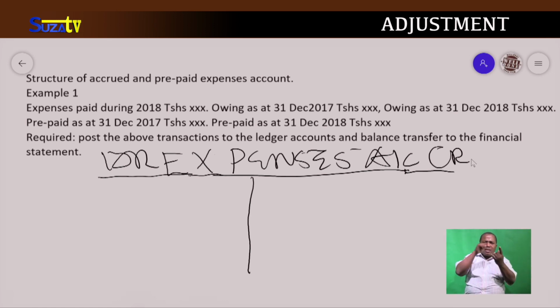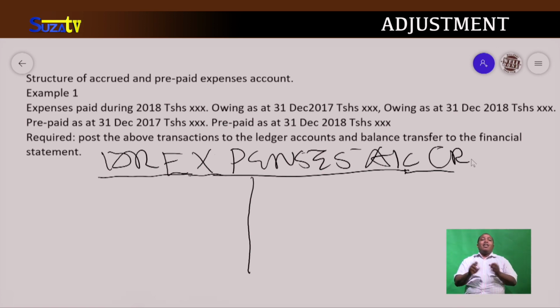The expenses paid during the year 2018 Tanzania shillings X, owing as at 31st December 2017 Tanzania shillings X, owing at 31st December 2018 Tanzania shillings X, prepaid as at 31st December 2017 Tanzania shillings X, prepaid as at 31st December 2018 Tanzania shillings X. Required: post the above transaction to the ledger accounts and transfer the balance to the financial statement.